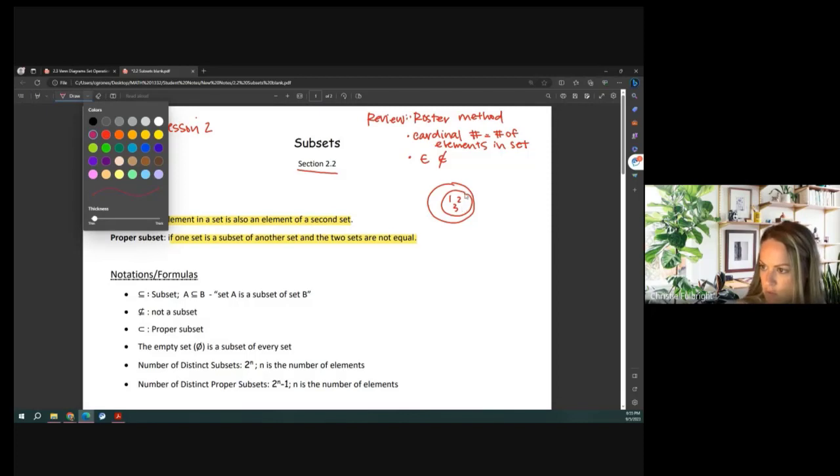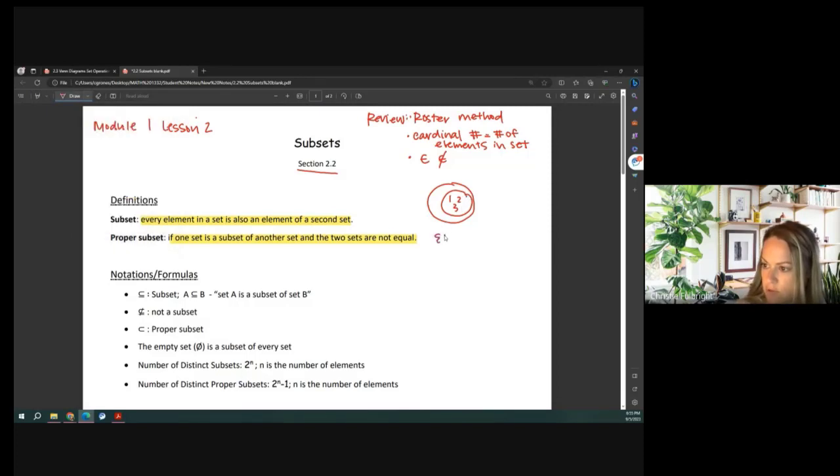So let's say that we have this set of numbers 1, 2, and 3, and we want to list all of the subsets and all of the proper subsets. So the subsets, we could do lots of different things. We can have sets of just the single numbers, so just 1 in the set, just 2, and then just 3.